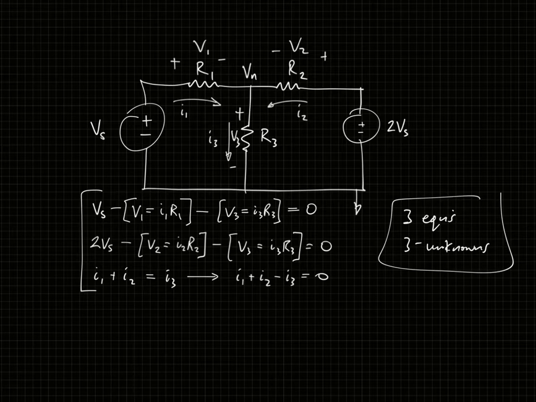My 3 unknowns are the 3 currents, because Vs is known, all the resistors are known, and V1 and V2 and V3 are written as, using Ohm's law, they're just written in terms of the currents.